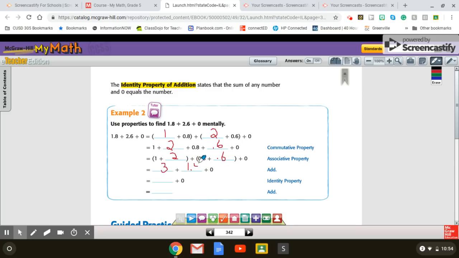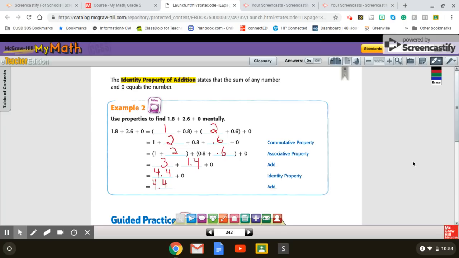So 14/10 is the same thing as 1 and 4/10. So if you take 3 plus 1 and 4/10, you're going to end up with 4 and 4/10. Okay, 4 and 4/10 plus 0. Anything plus 0, you're going to end up with the number you started with. So 4 and 4/10 plus 0 is going to be 4 and 4/10.